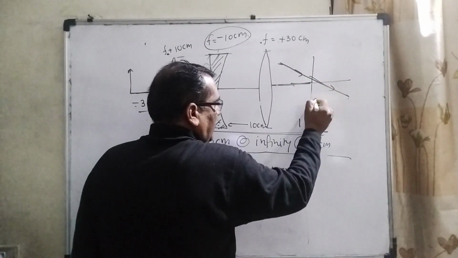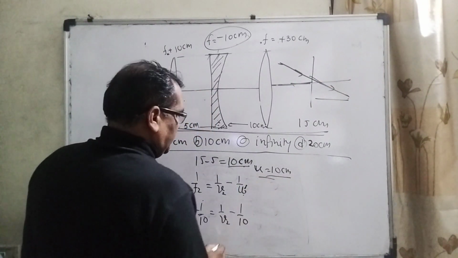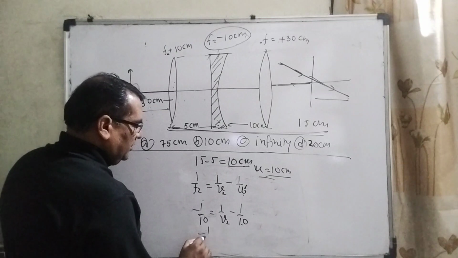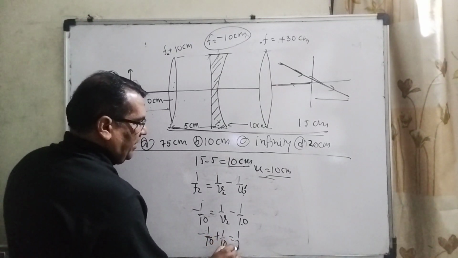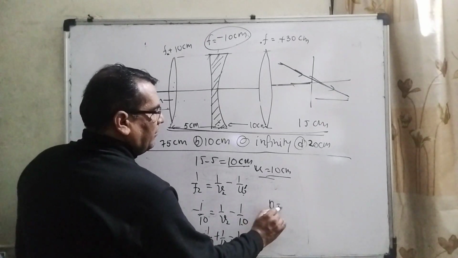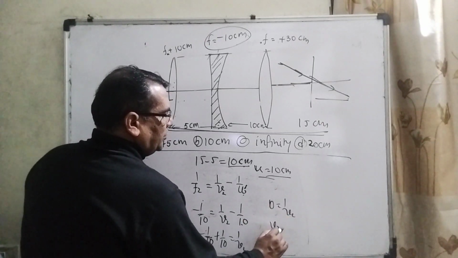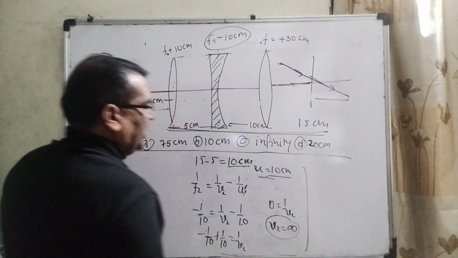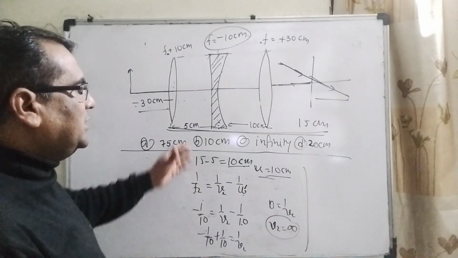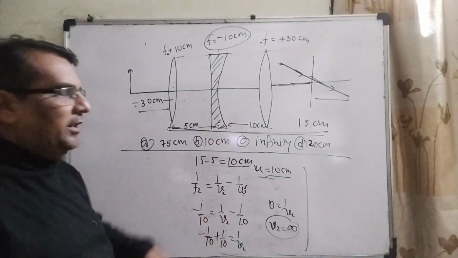Here it is along the ray, so it is positive. So u is 10 centimeter, and transposing, 1 by 10 minus 1 by 10 is 0, so 0 equals 1 by v2, which means v2 is infinity. This infinity works as an object again for the third lens.